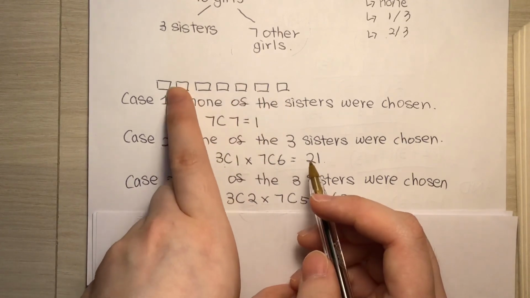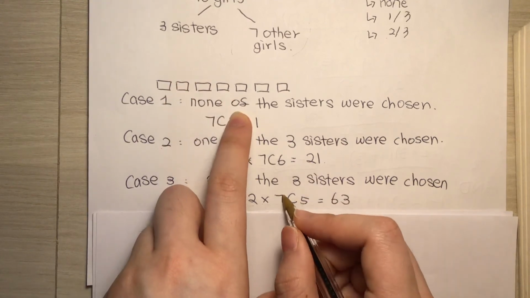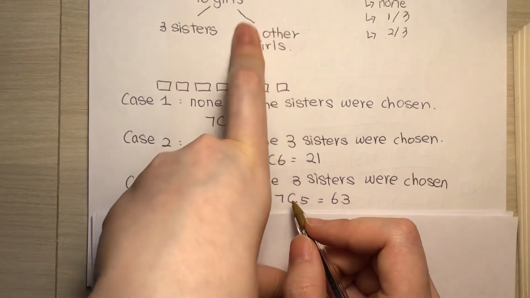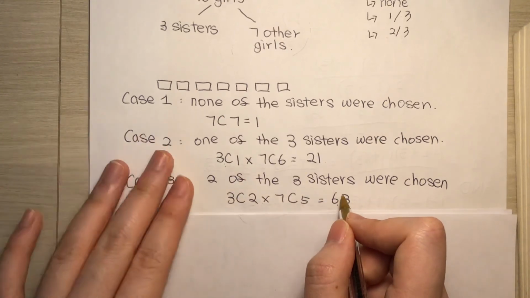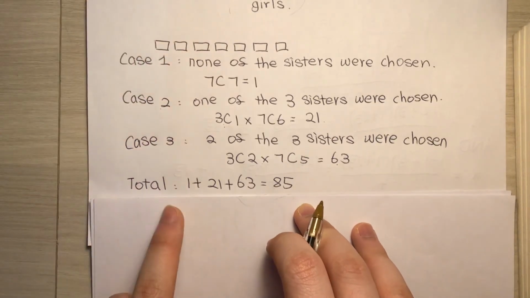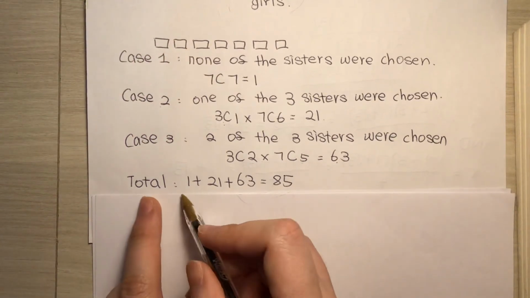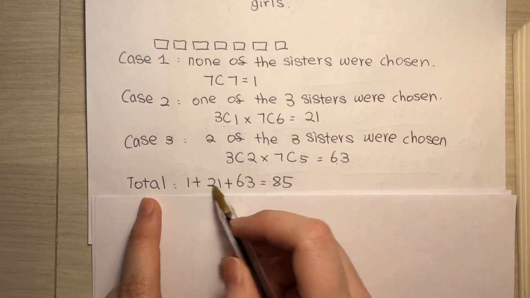Notice that 2 of them are occupied by 2 of the 3 sisters, and we have 7 other girls to be chosen from. And in this case we have 63 different teams that can be formed, where each team involves different players, or they are slightly different. And as we add them up together, we will get the answer 85.